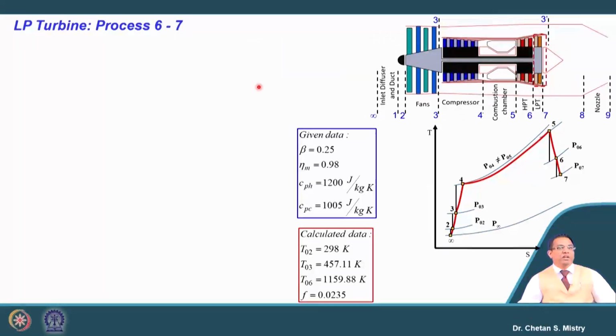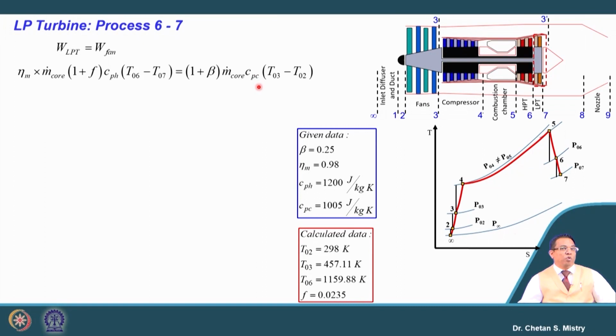Similarly, we have the LP turbine, which is used to rotate the fan. The correlation will be in terms of mechanical efficiency, and this is the work equation for the LP turbine, and on the other side for the fan it is 1 plus beta m dot core Cpc T03 minus T02.